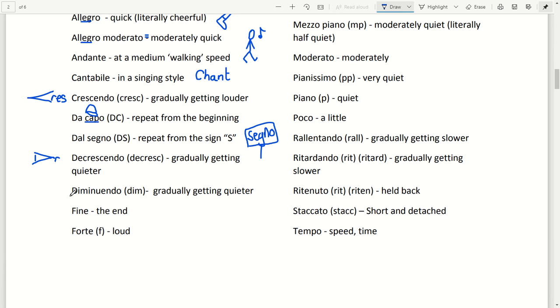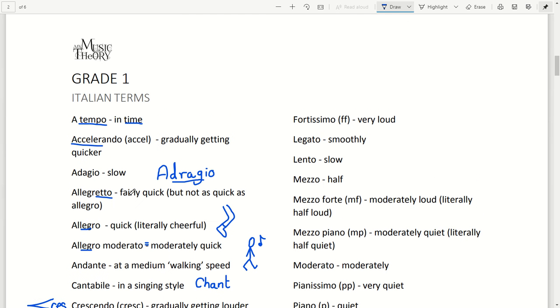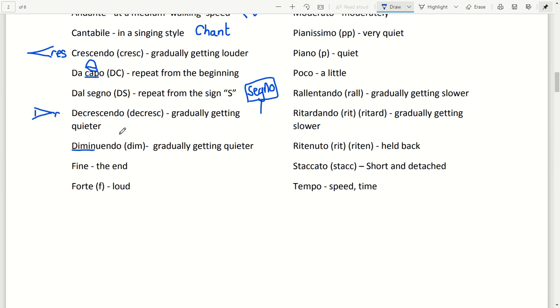And so diminuendo. Well, it's diminished, kind of. It means it's getting smaller. It's getting quieter. It's getting diminished. It's very similar to decrescendo, but it's different.